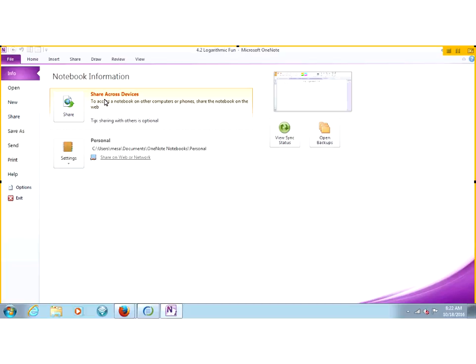Oh, really? Okay, but probably easier to share it to Google Drive, right? Does everybody have OneNote or no? So does everybody have OneNote? No?